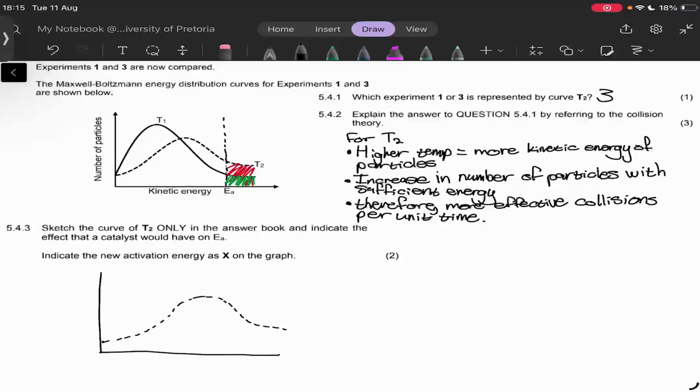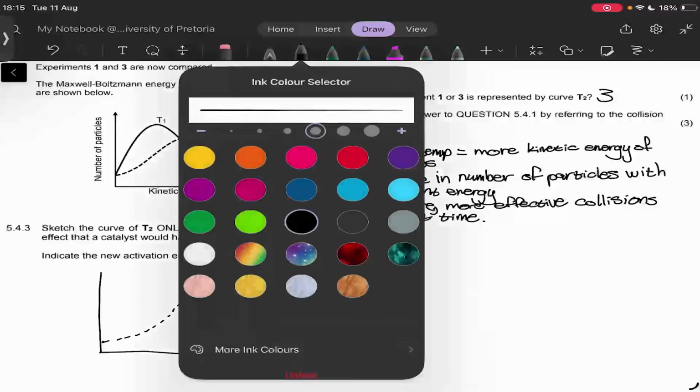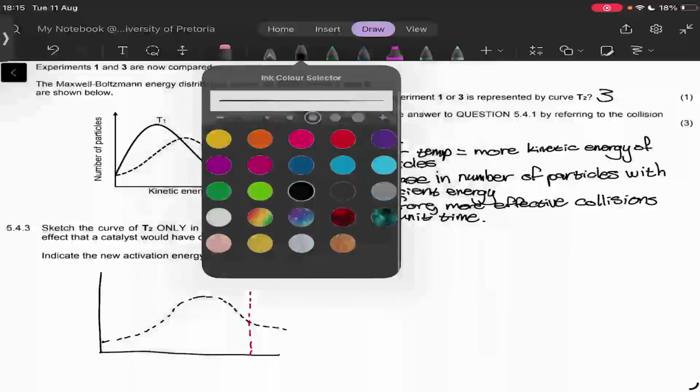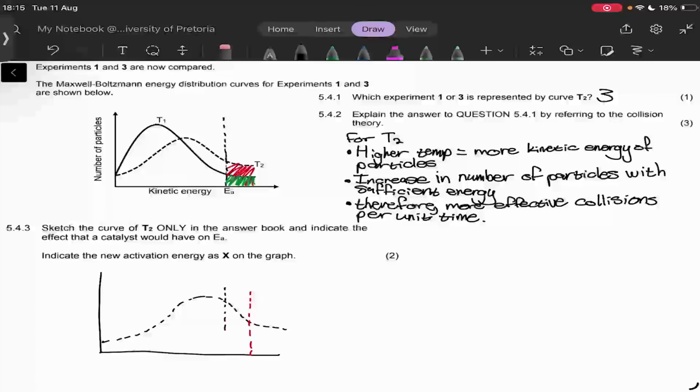So instead of it being where the red point is, our new activation energy would instead be over here. This would be our old activation energy, and this would be our new one over here. In order for us to get our marks, we would actually have to sketch in our old and our new activation energy.